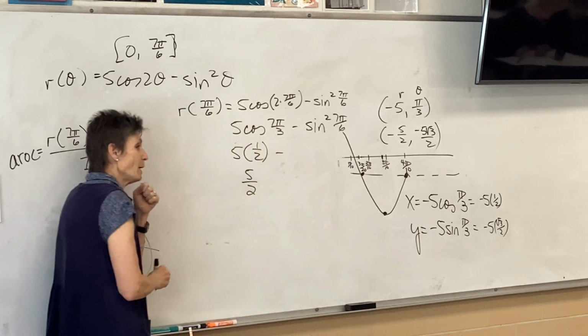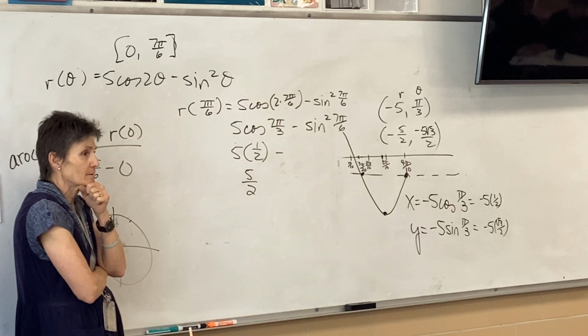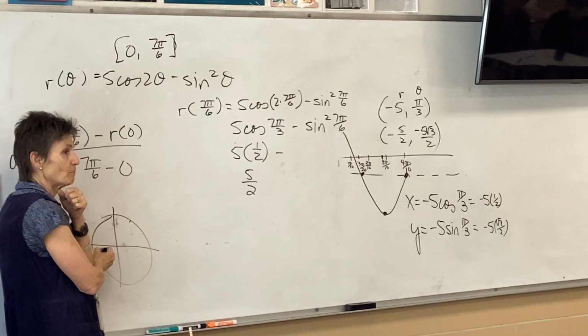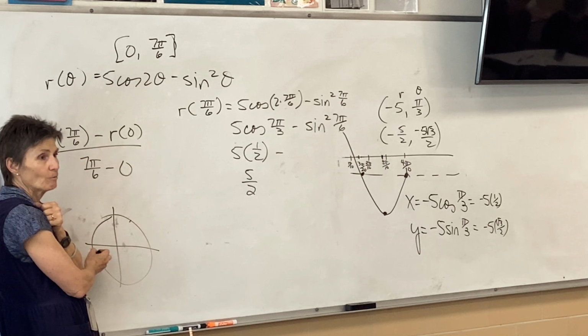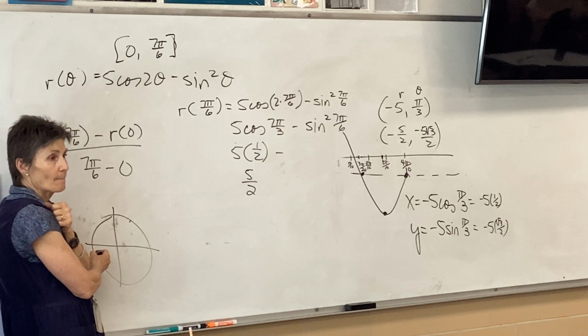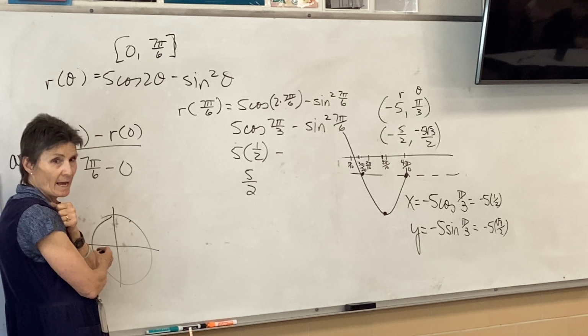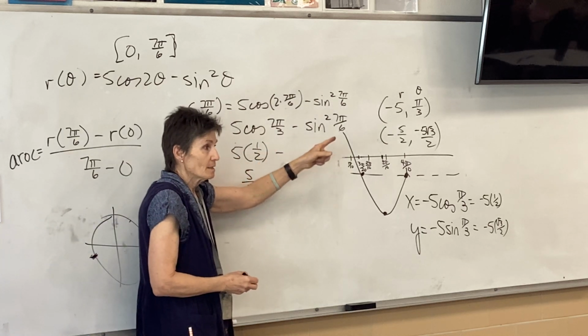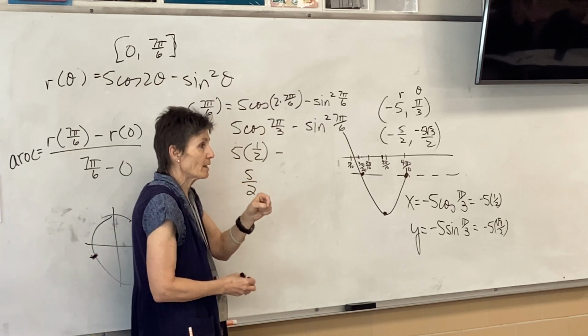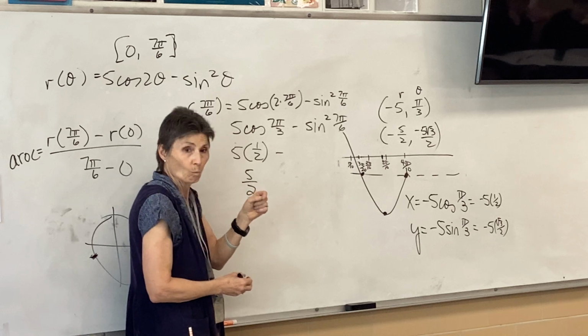All right, what is the sine of 7 pi over 6? -1/2. But we're squaring it, so -1/2 squared would be 1/4.